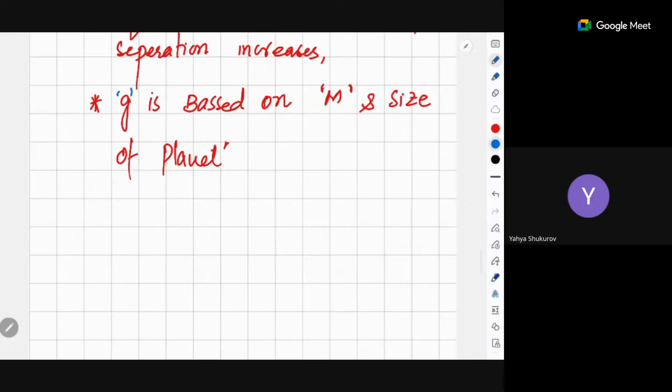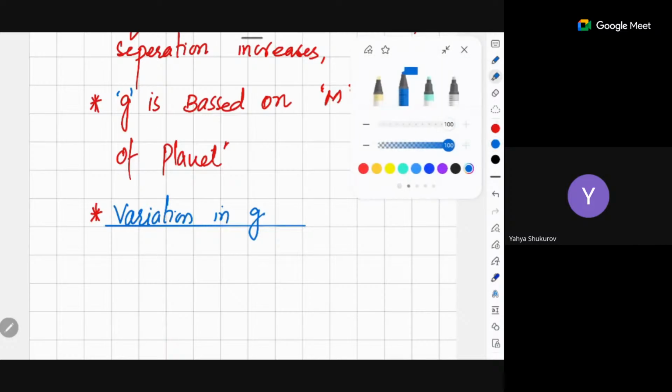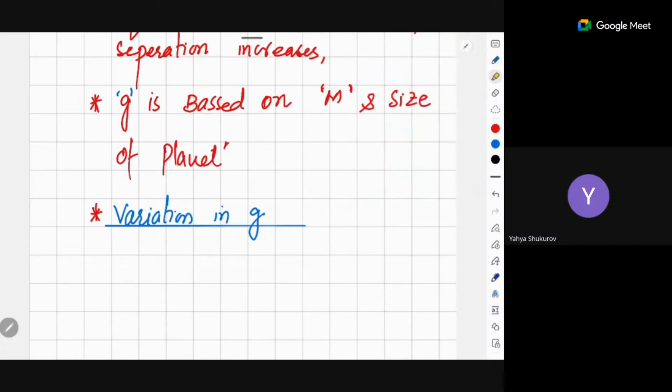So if I say that G has a variation, right, here I'm just going to write one point: variation in G. There are two points for this. One is above the surface and one is below the surface.